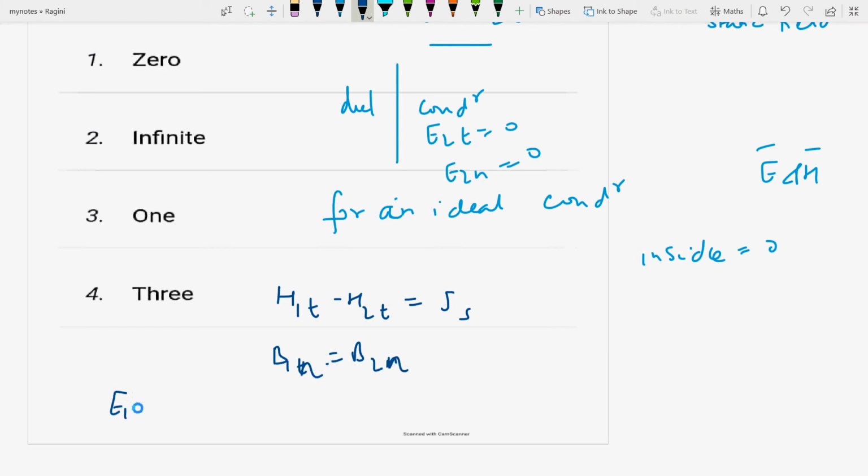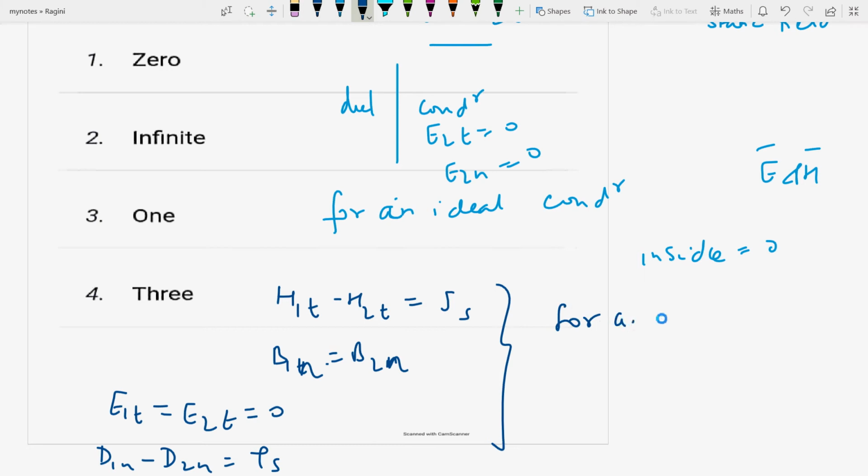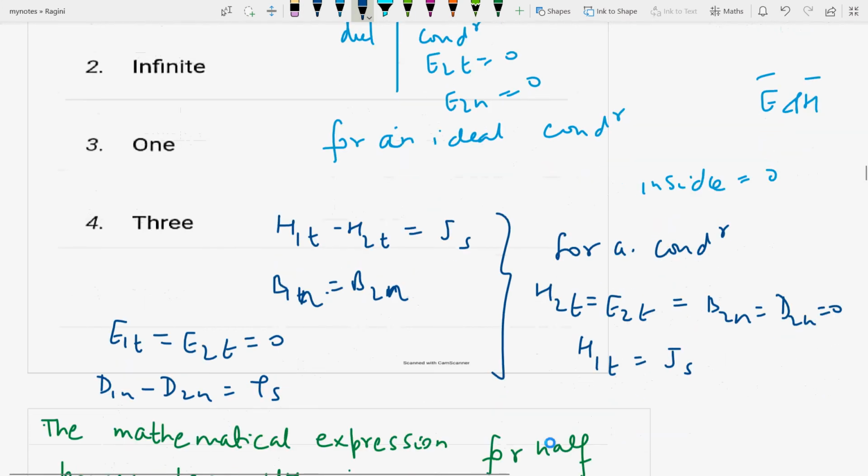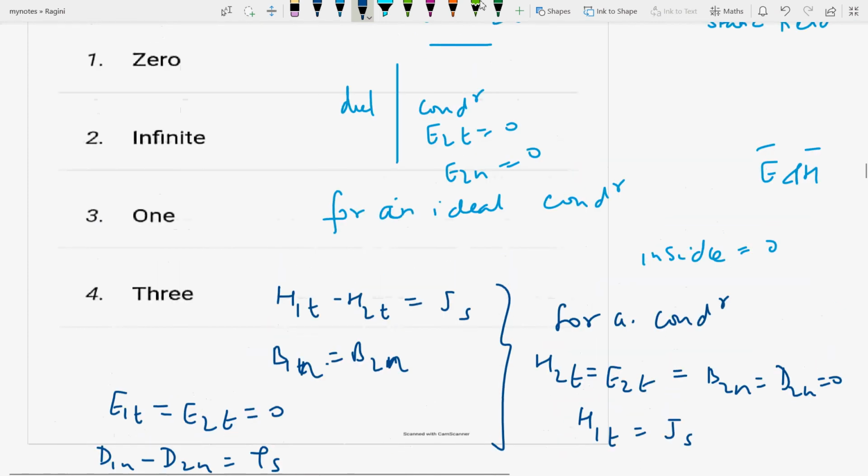Then here E1t is equal to E2t is equal to 0. Then D1n minus D2n is equal to rho s. So for a conductor, these are the 4 boundary conditions. For any conductor, you have the components H2t equal to E2t equal to B2n equal to D2n equal to 0. So here H1t is equal to Js.